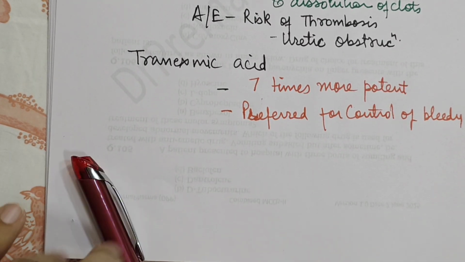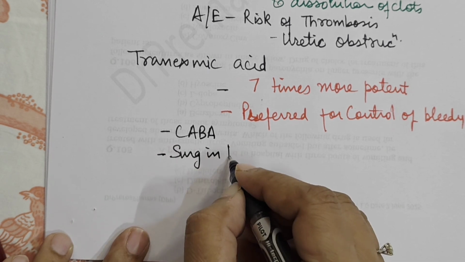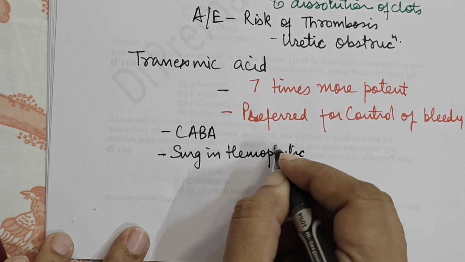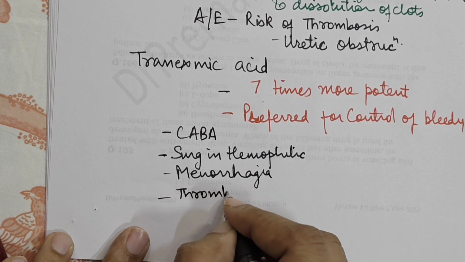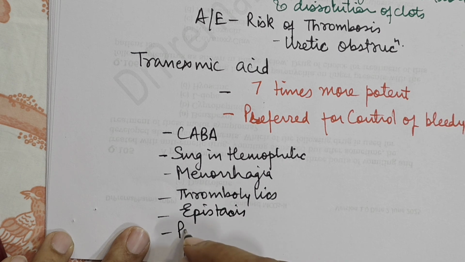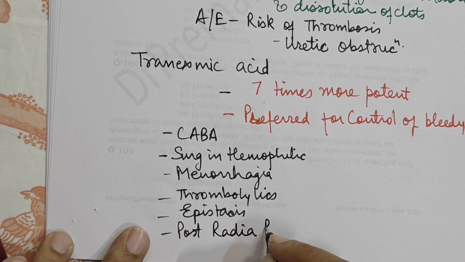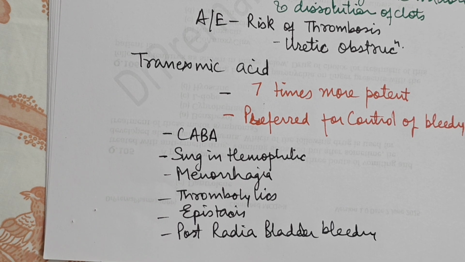In which conditions? It is preferred for control of bleeding during bypass surgery and during surgery in hemophilic patients. It is also used in menorrhagia, epistaxis, and post-radiation bladder bleeding. So these are various uses of these antifibrinolytics.